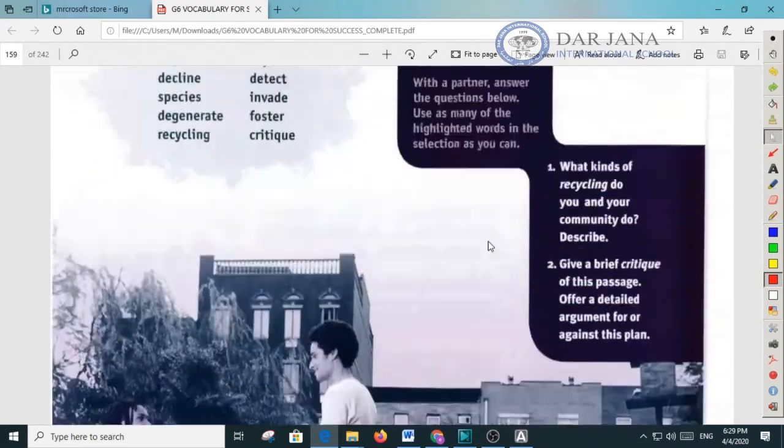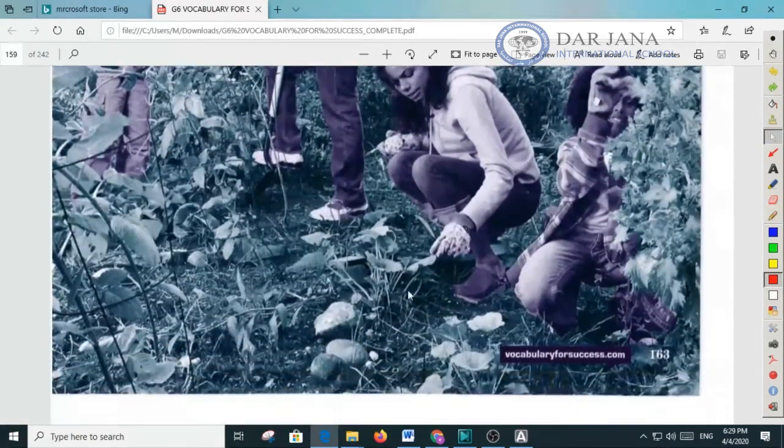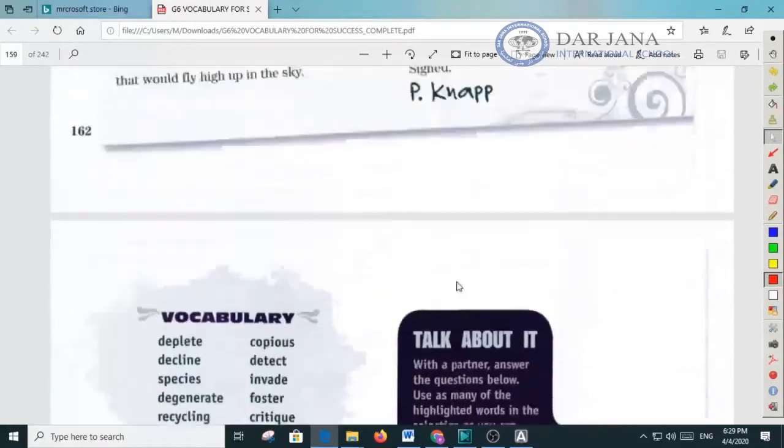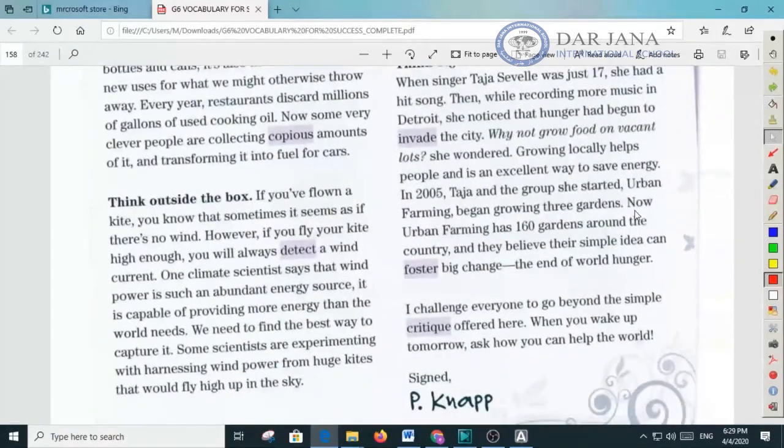Don't forget, there's a garden here, so keep that in mind. People are planting things. Now, Urban Farming has 160 gardens around the country, and they believe their simple idea can foster big changes. The end of world hunger.